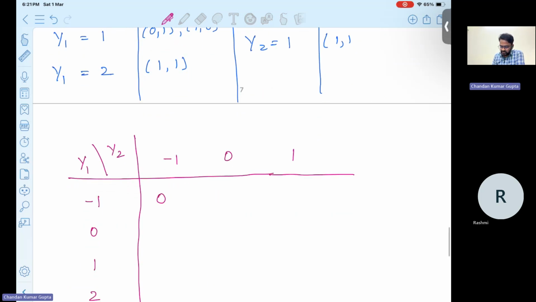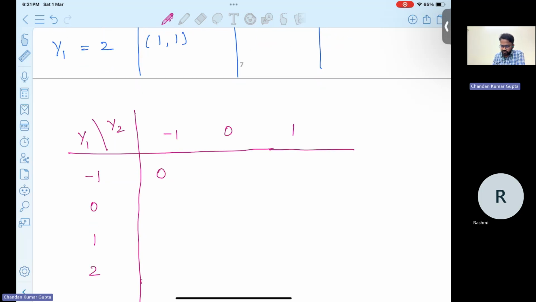Again, we take y1 equal to 0 and y2 equal to -1.